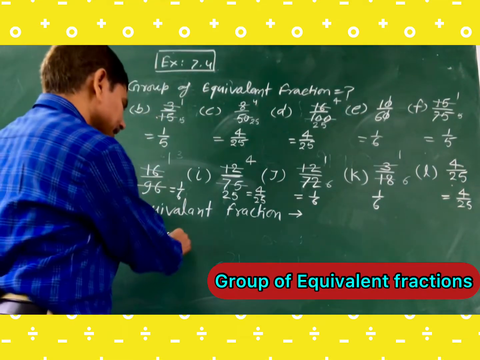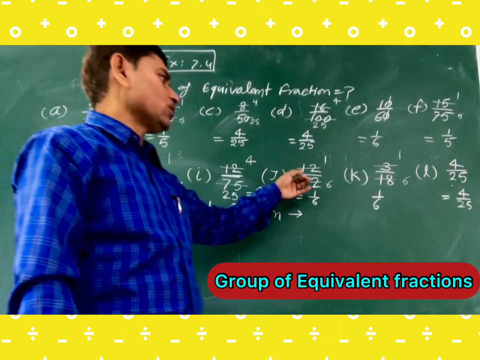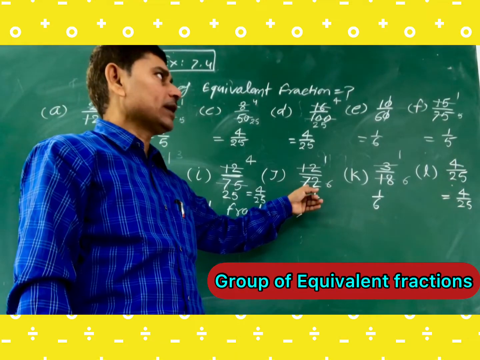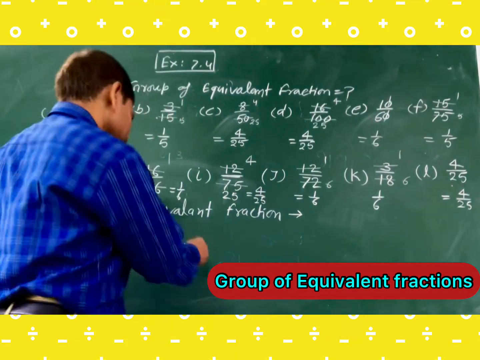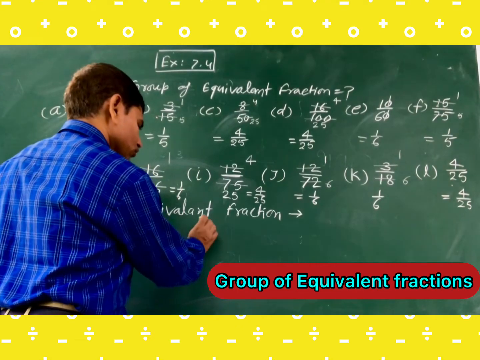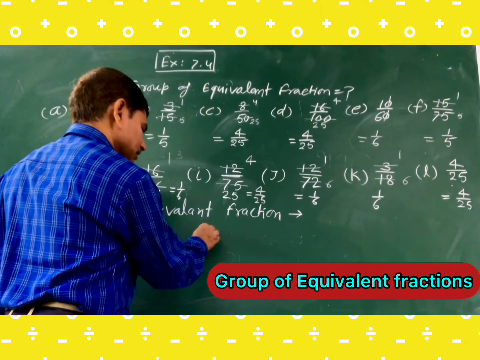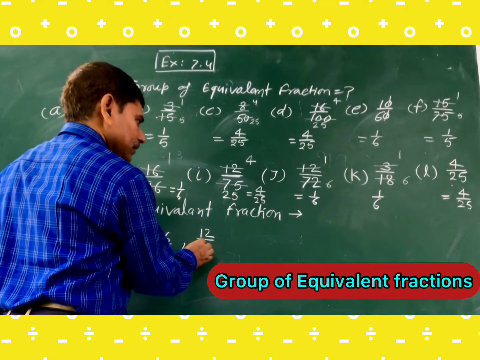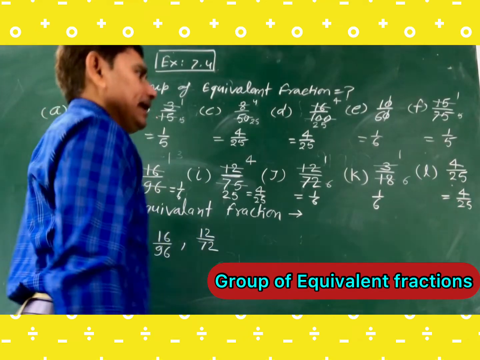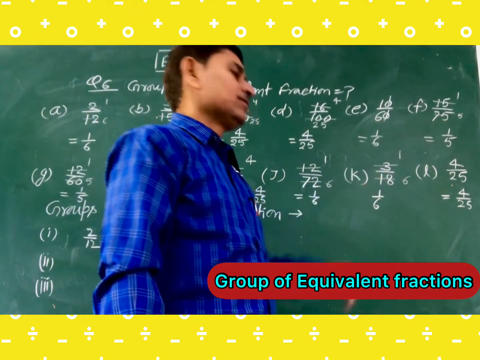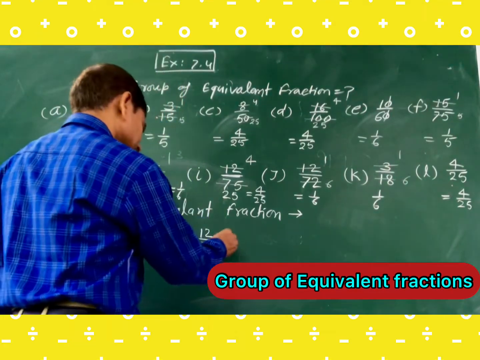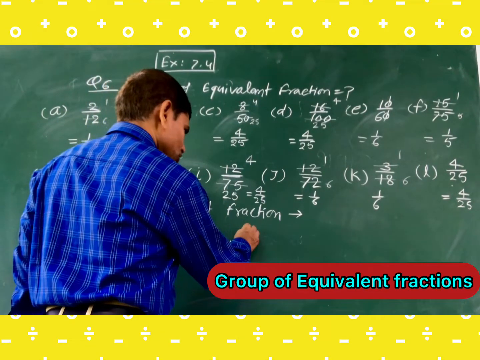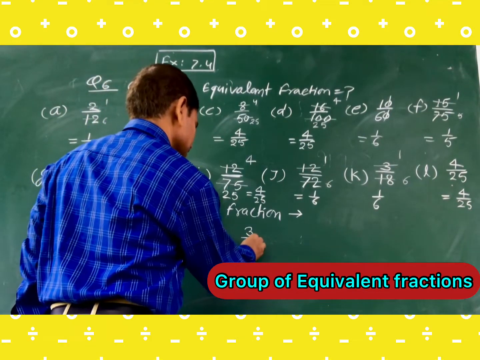And after that this is 12 by 72. This is also an equivalent fraction, that is 12 by 72. And the last one is 3 by 18. This is the next equivalent fraction. You can write this is the group.